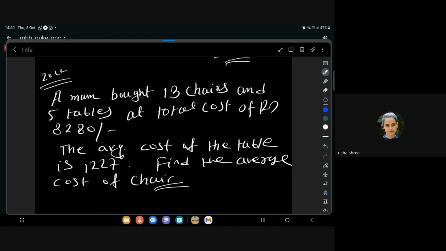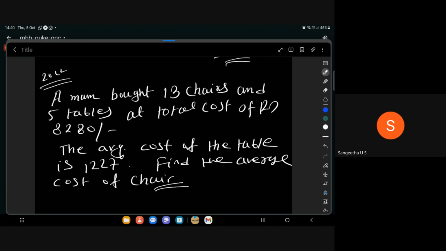How to find? Almost like the previous problem.